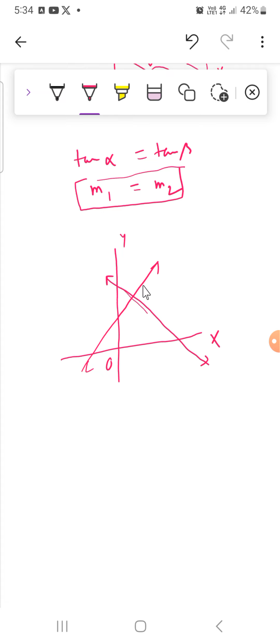This is pi by 2. Its angle with the x-axis I am taking as alpha.